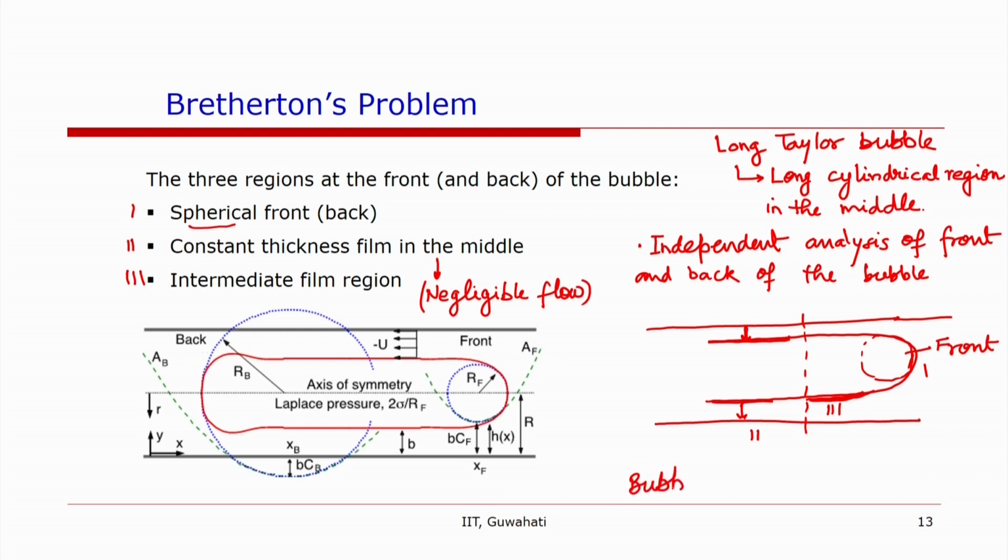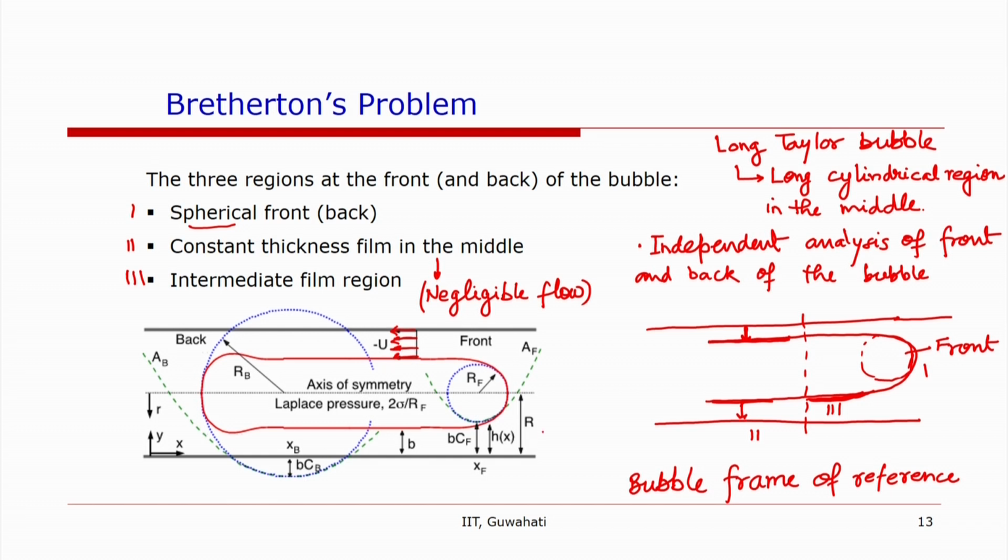So when we are looking at the problem in the bubble frame of reference, the bubble will be stationary and the wall will be moving with a velocity minus u. That is why you see these uniform vectors in the constant thickness film region.